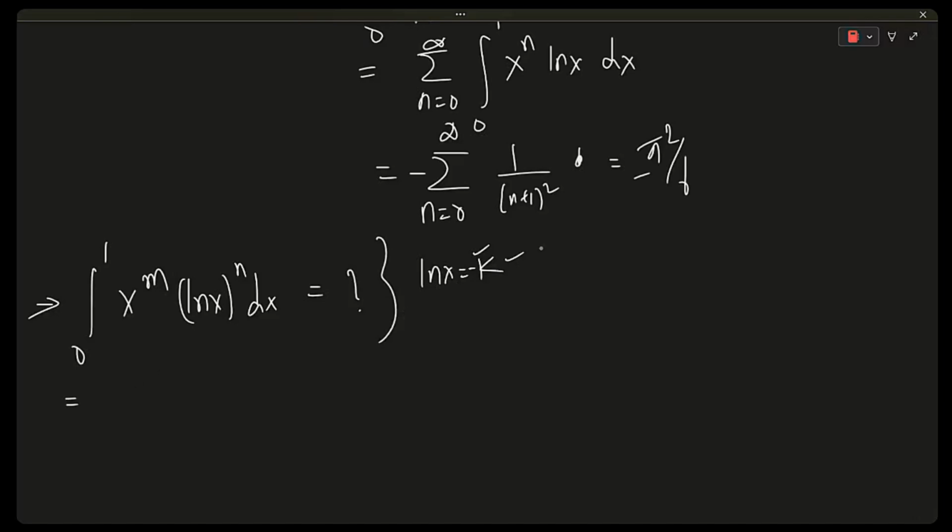If I bring x in terms of k, then I'm getting e to the power k into m plus 1, k to the power n plus 1 dk. And again here I'm getting the choice of expanding e to the power k m plus 1. So here we can apply the series expansion and then arrive at the answer.